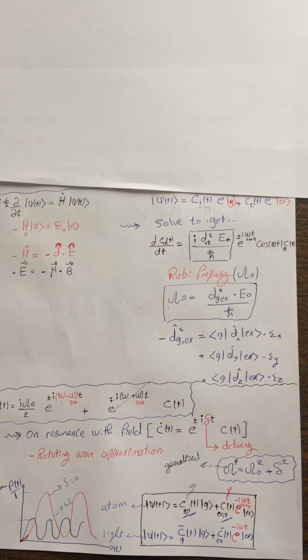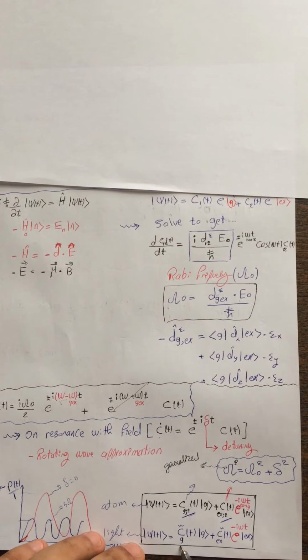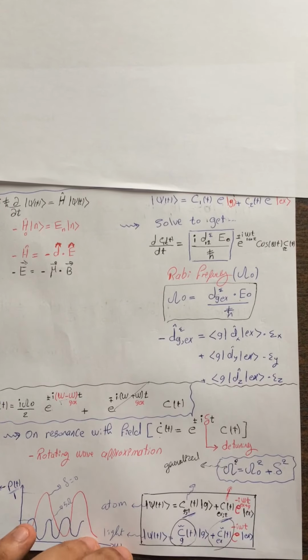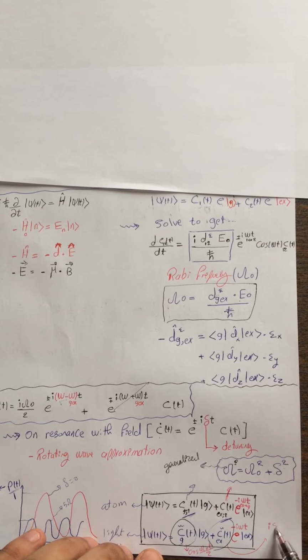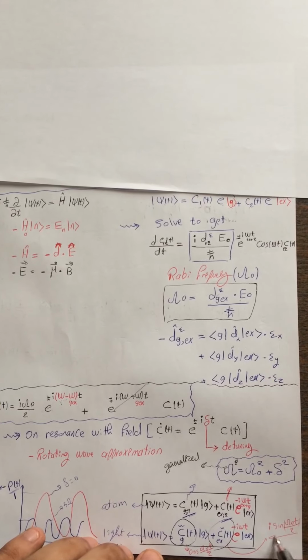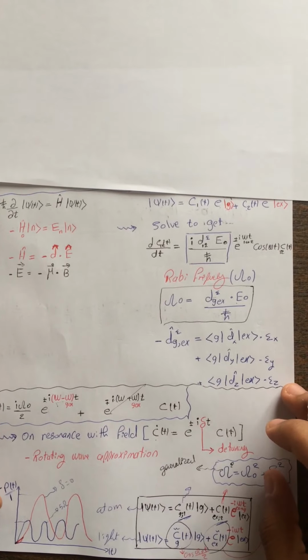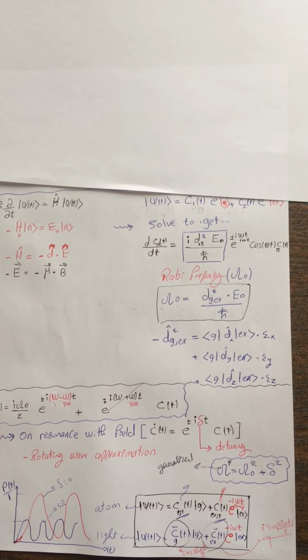So let me write down this delta coefficient here for the light. For the ground state it is cosine of Rabi frequency t over 2, and here we have i times the sine of Rabi frequency t over 2, and this is on top of the fast oscillation of our light field that we couple to the atomic system.